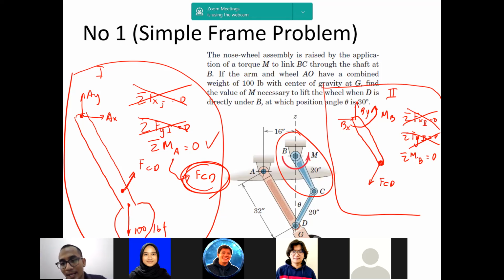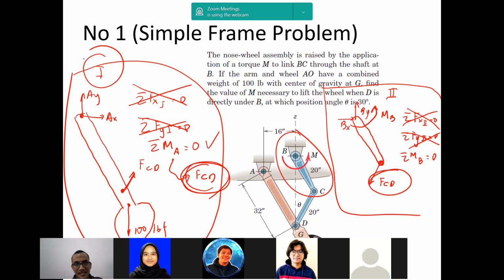If we use sigma moment at B, the moment due to BX and BY will be 0. So the equation later will only consist of MB and FCD. And remember, we have the value of FCD already because we already solved the first free body diagram.